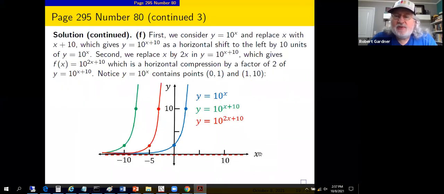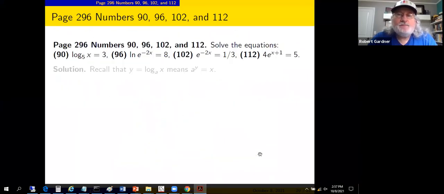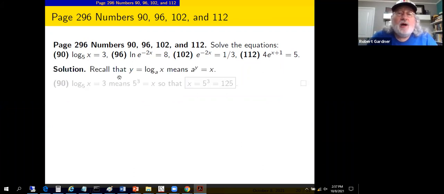So let's go through several examples. First, solve these equations. Okay, these won't take particularly long. Remember, y equals log base a of x can be rewritten in this exponential statement, a to the y equals x. So you want to solve for x in log base 5 of x equals 3.